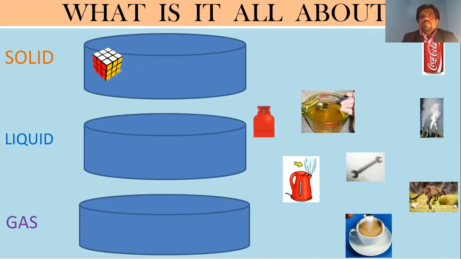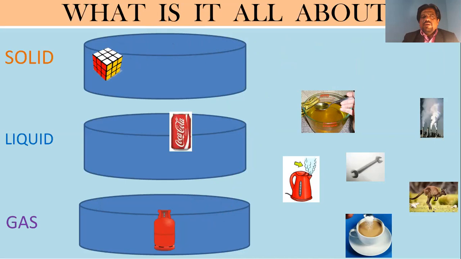And then comes the LPG gas. I'm not talking about the cylinder itself, but the thing which we may see in the LPG gas cylinder. That gas itself is in the gaseous state. And then we see the Coca-Cola. I'm not talking about the tin, but the drink that we enjoy, which we can put in the liquid cylinder.